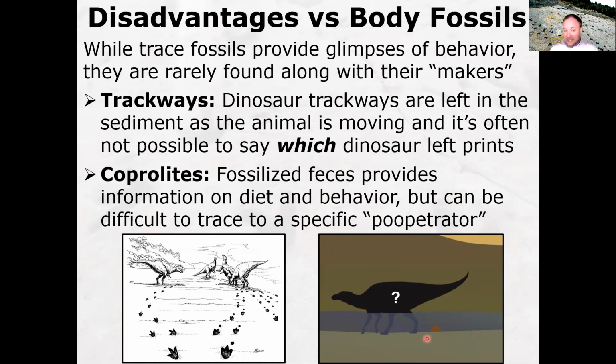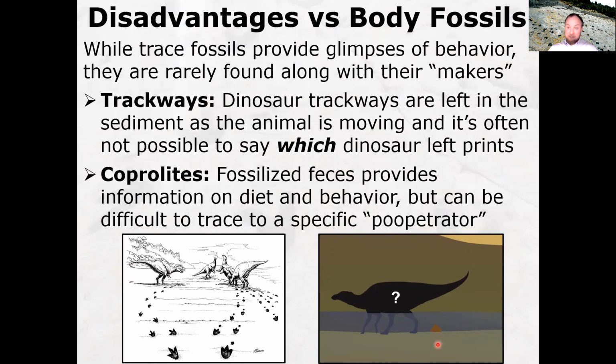Same thing if we find a coprolite, we find the feces, we find the fossil coprolite feces, we're able to analyze it. We can look at what's in there. We can see if there are plant fragments, that it might be an herbivore, or crushed up bone fragments, that it might be a carnivore. We can tell things about how it digests, but it might be very difficult to figure out exactly which dinosaur left that behind.